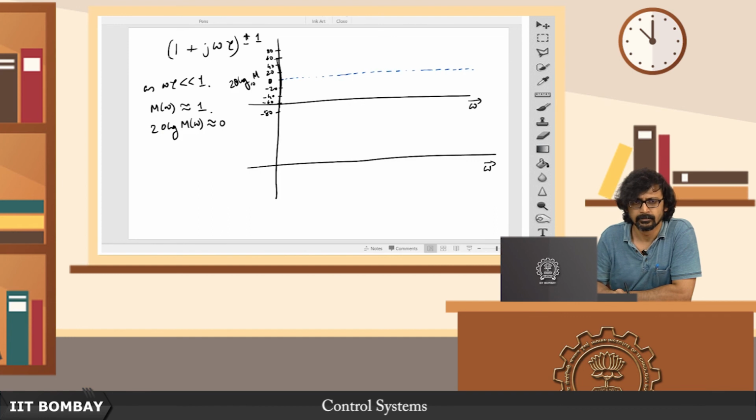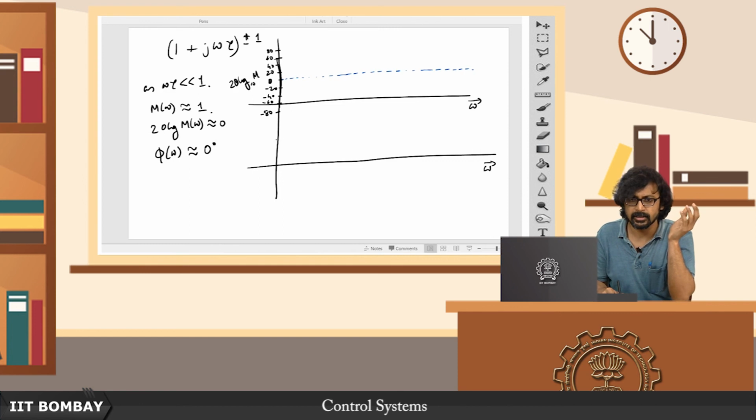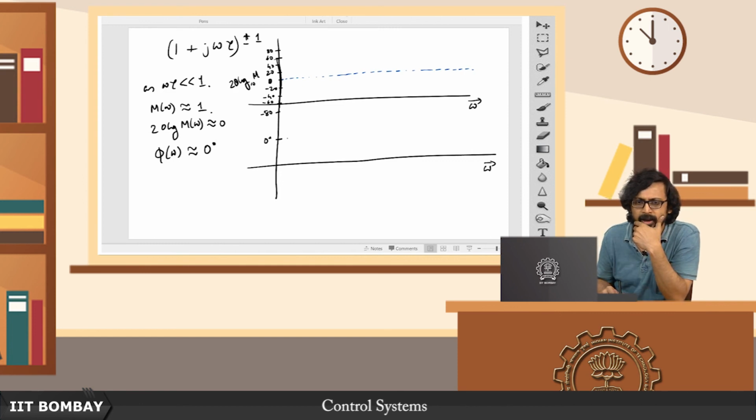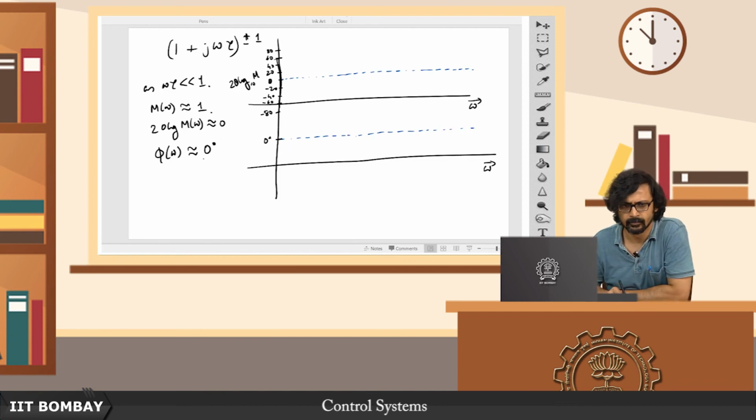Similarly, if you now look at phi, the phase function, phi omega also tends to 0 degrees, is it not? So, let us say this is a 0 degree line. So, again phi omega also we draw this 0 degree line, right. Okay, we are good to go.